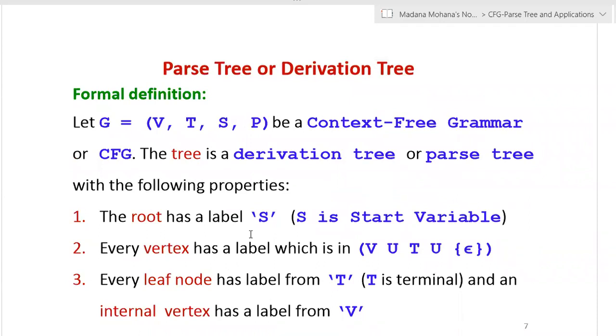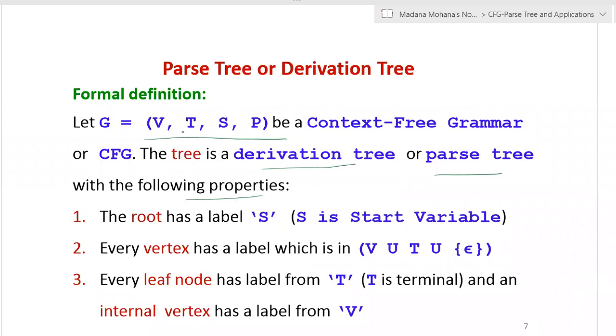Formal definition. Like context-free grammar, a derivation tree or parse tree we also define formally. So let G equal to (V, T, S, P) be a context-free grammar, or CFG. The tree is a derivation tree or parse tree with the following properties.